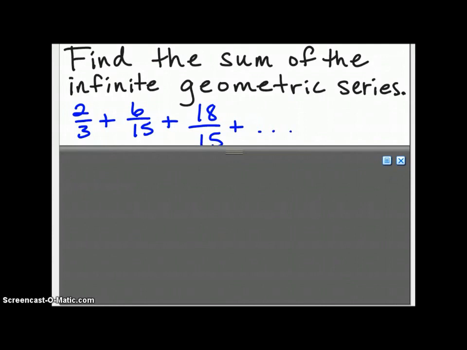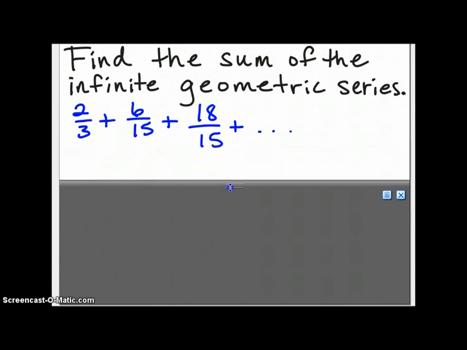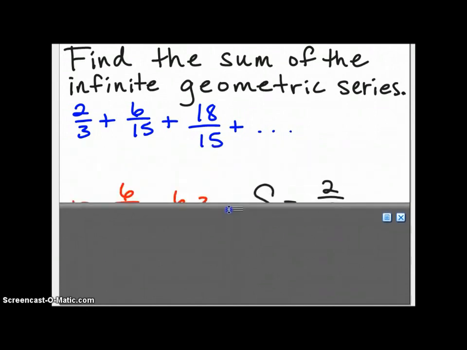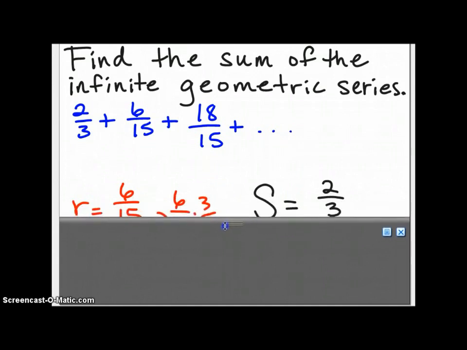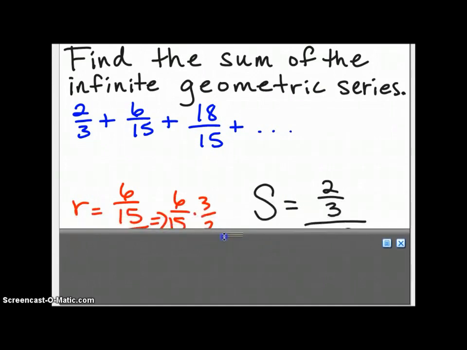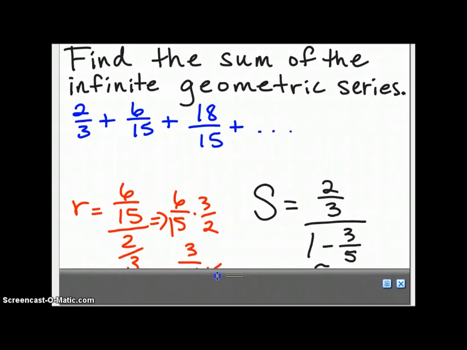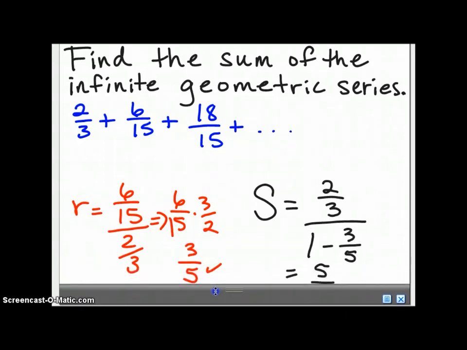Okay, so let's find the sum of an infinite geometric series when they give it to you as a series rather than a summation. Here we've got 2/3 plus 6/15 plus 18/15 and so on. Obviously it's infinite. We have that ellipsis. It means it continues on. So let's check, can we do this? Let's look at the ratio. So 6/15 over 2/3. So 6/15 times 3/2.